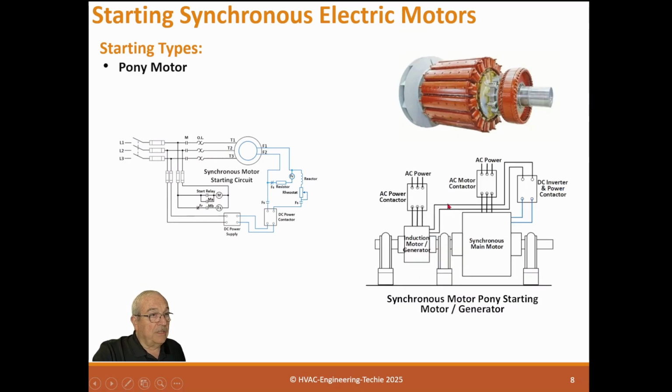The next one is a pony motor generator, which I got kind of wrong there, but there it is. Instead of just a regular induction motor, it's an induction motor generator. So it starts up just like the other one. It starts this up and runs this as a motor, and when it gets up to speed, it turns this on, turns this into a generator, and it starts making power, which goes to a power supply, a DC power inverter, and it turns it into DC.